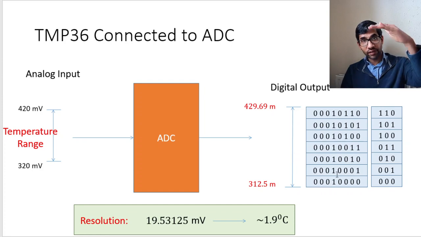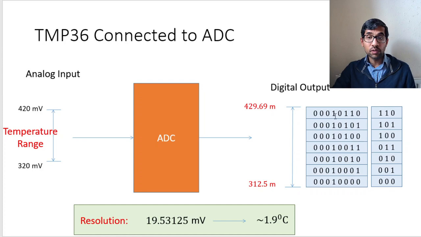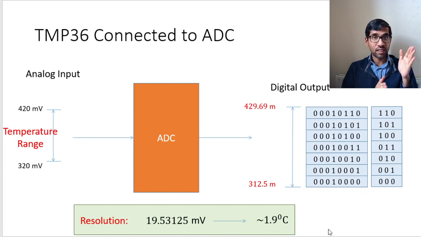Instead of 256 levels that you have to convert the temperature, you're only going to be using 7 of these levels, and you can then calculate the resolution of your measurement, right? So the resolution is going to be approximately 1.9 degrees Celsius. So you have divided the 32 to 42 degrees range into 7 parts, and you can evaluate the resolution, and this is going to be approximately 1.9 degrees Celsius.